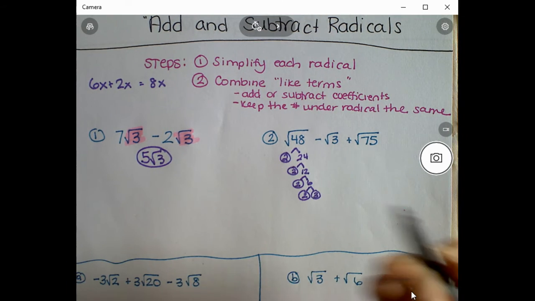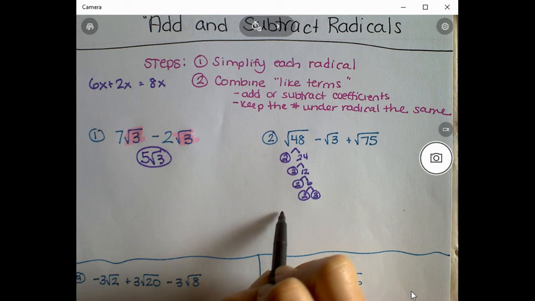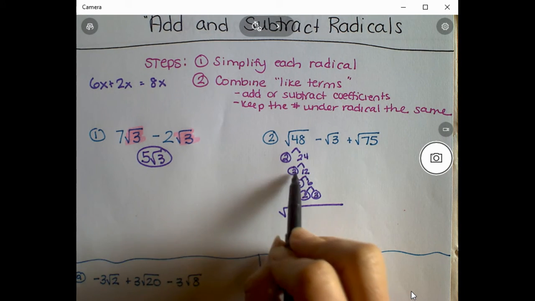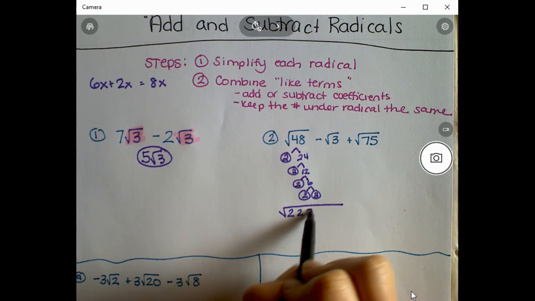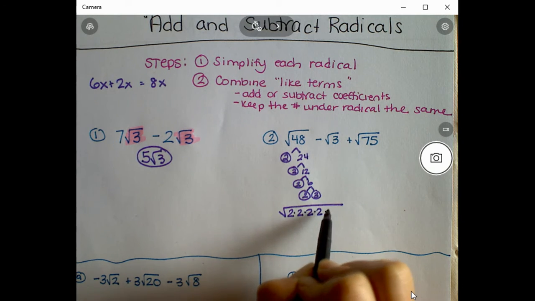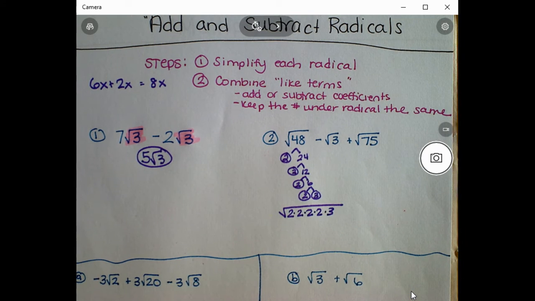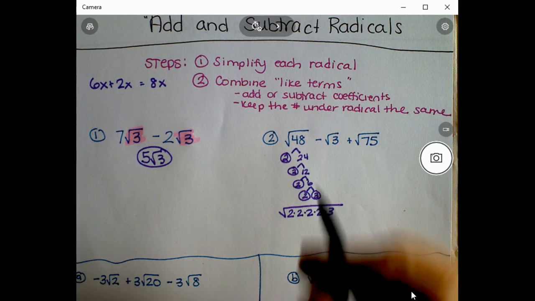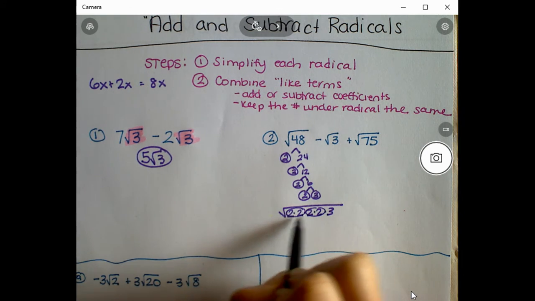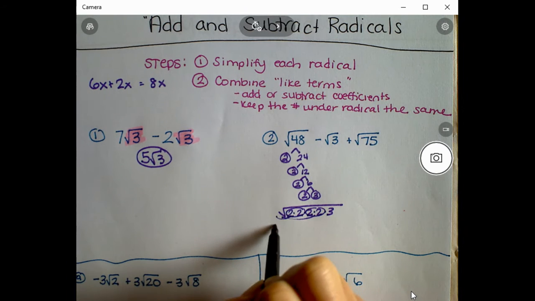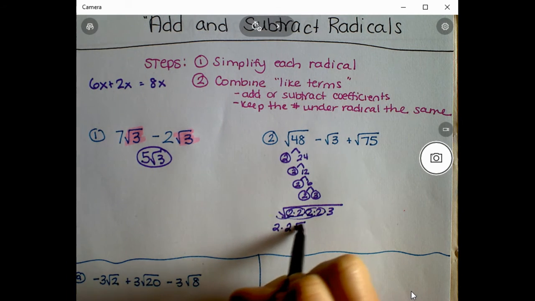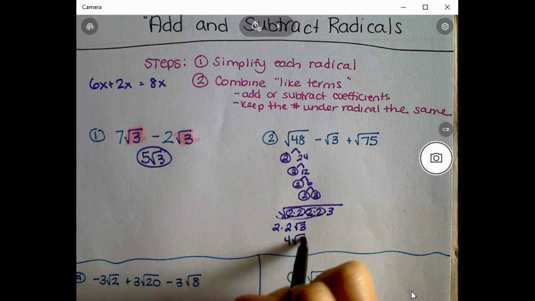So what we did in class is we rewrote it: 2, 2, 2, 2, 3. And we pulled out any groups of 2 of the same out to the front. So we'd have 2 times 2 root 3, which is 4 root 3.